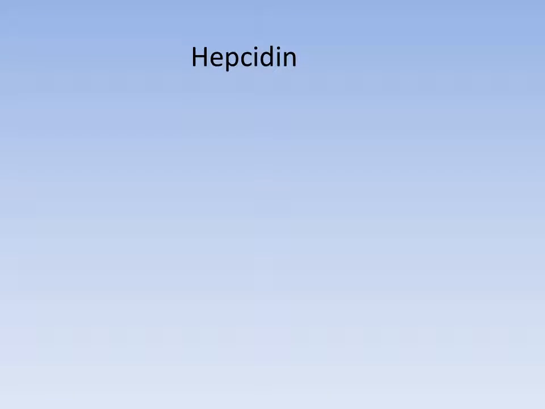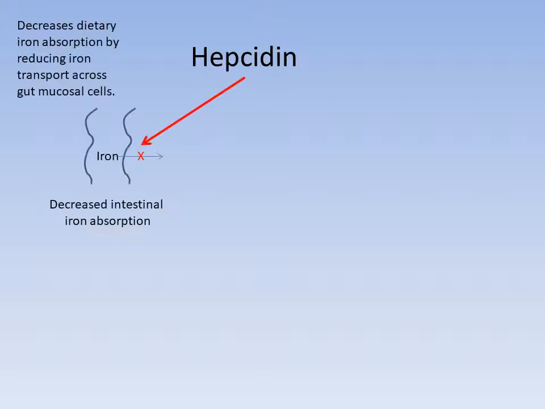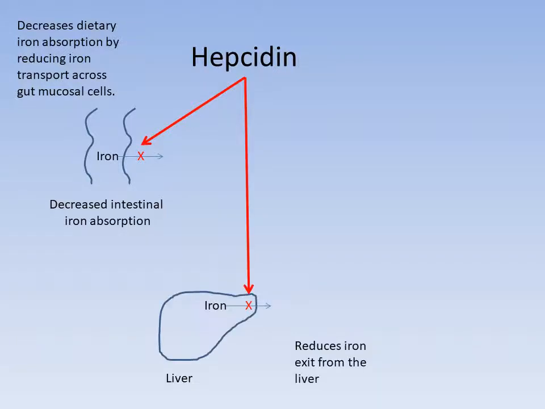So how does hepcidin keep iron out of the bloodstream? Well, there are several mechanisms. For starters, hepcidin decreases the absorption of iron in the intestines, and this is one of the reasons why oral iron is not well absorbed in dialysis patients. Second, the liver has lots of iron stored inside of its cells, and hepcidin reduces the ability of iron to leave the liver and go into the bloodstream.